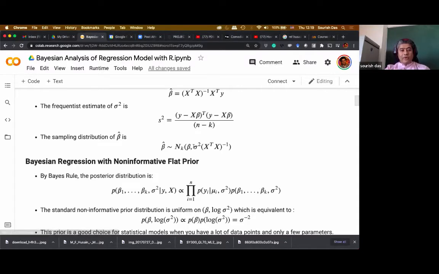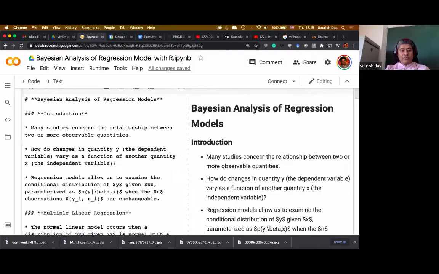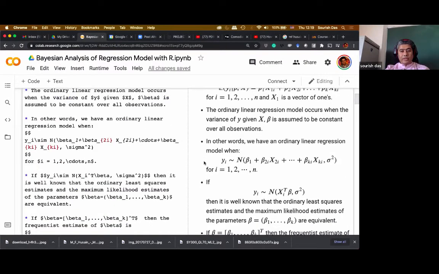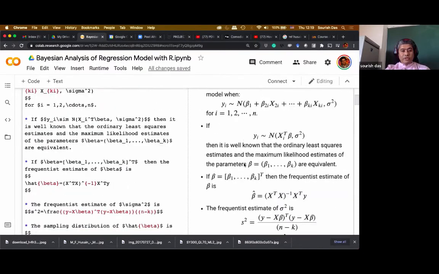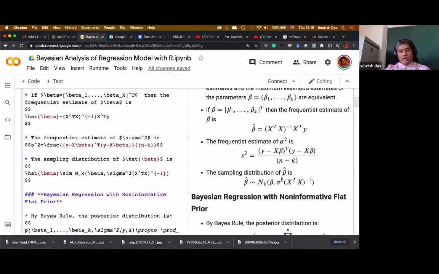We do know that this is your sampling distribution of beta hat. But in this, you don't know the value of sigma square. So what you do is estimate the value of sigma square by the sample variance S square.